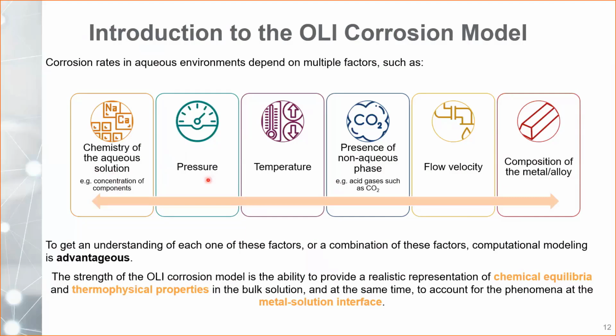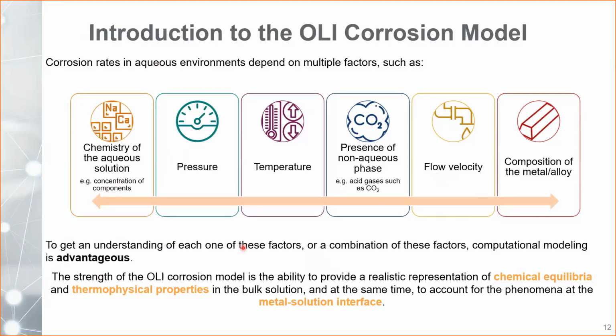We know that pressure could also play an important effect, temperature for sure, presence of aqueous phases such as acid gases, like CO2 or H2S. Then the flow velocity also has an important effect on corrosion rates, and of course, the composition of the alloy under study.